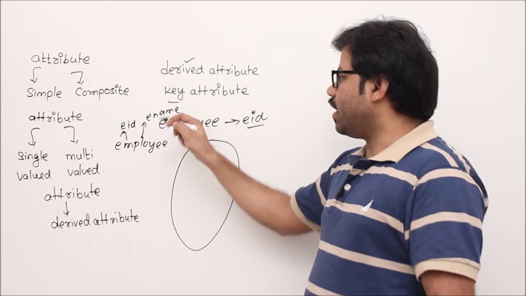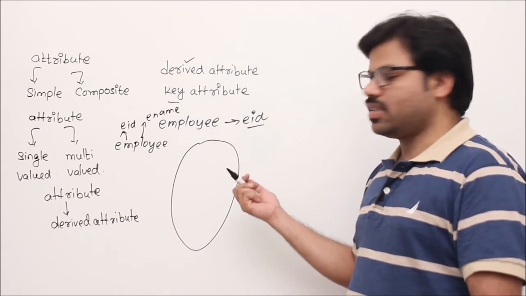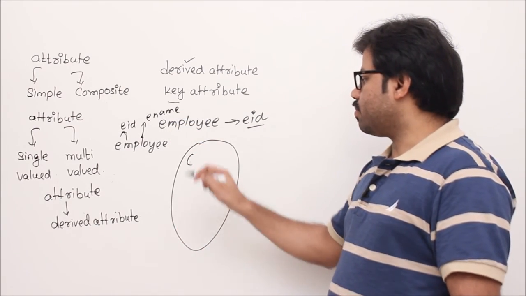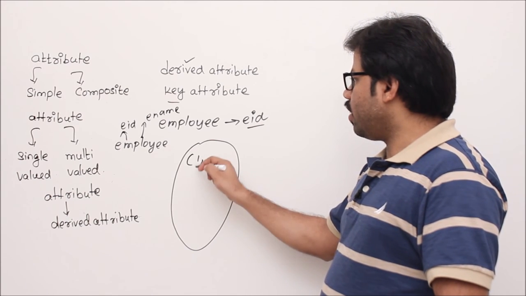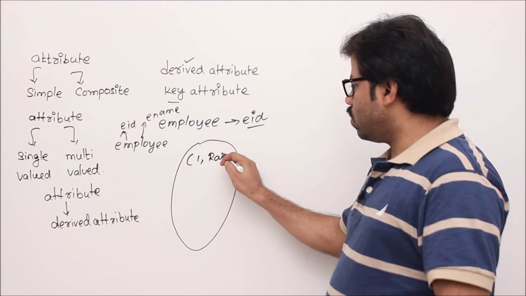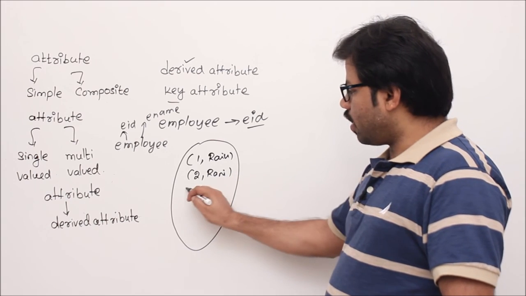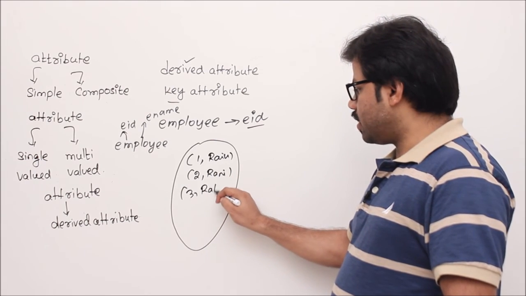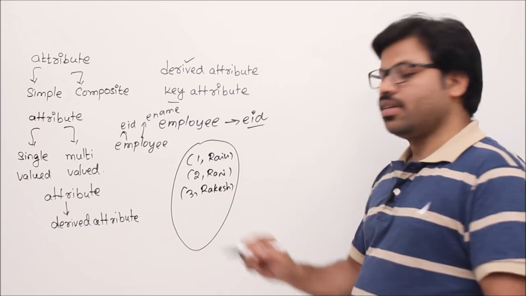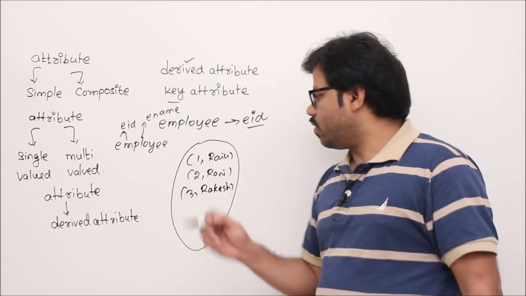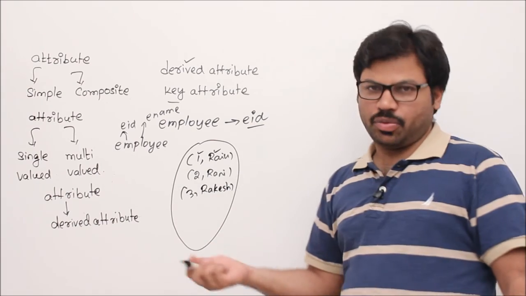When you have such an entity, how do you represent it in mathematics as a set? Simple, ordered pairs: employee ID 1, employee name Raju; 2, Rani; 3, Rakesh. In that way, we can easily represent any entity using a set. So each component is nothing but an attribute, right?